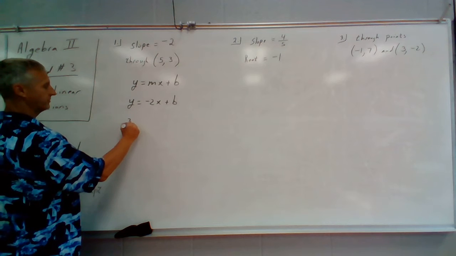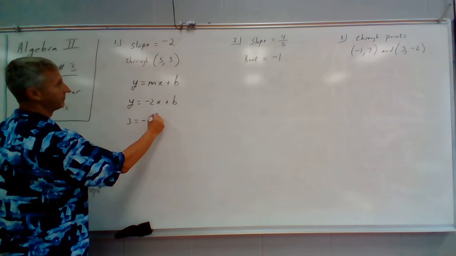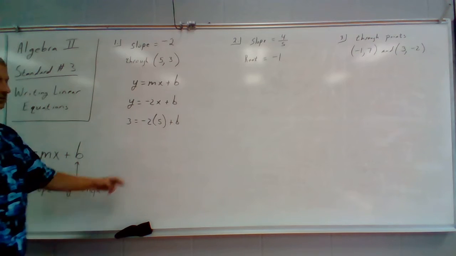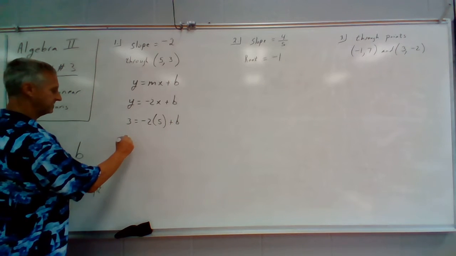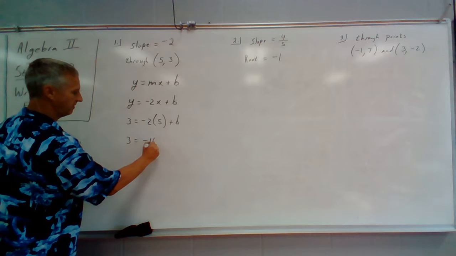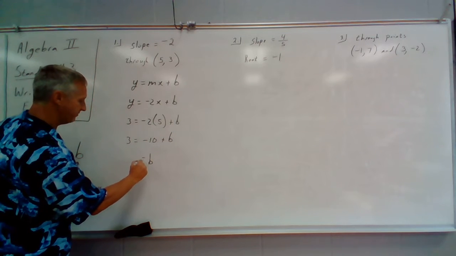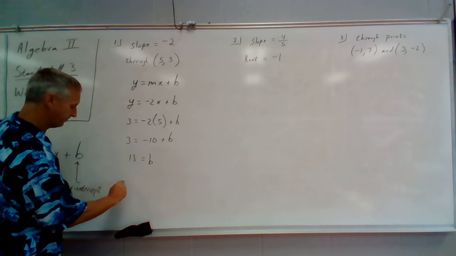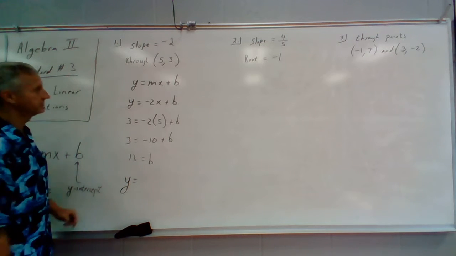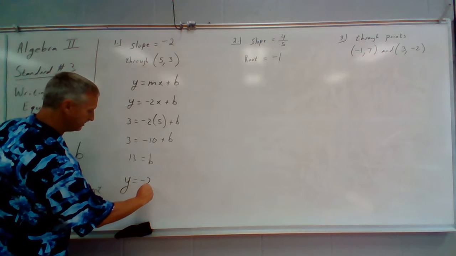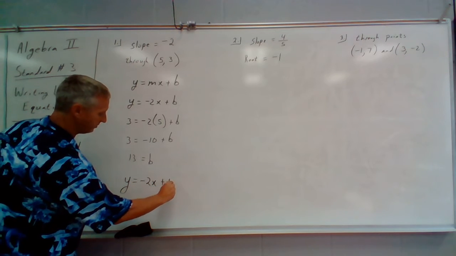So my y is 3, my x is 5. I simplify, -2 times 5 is -10. Add 10 to both sides, I get b is equal to 13. So my final answer is y equals -2x plus 13.